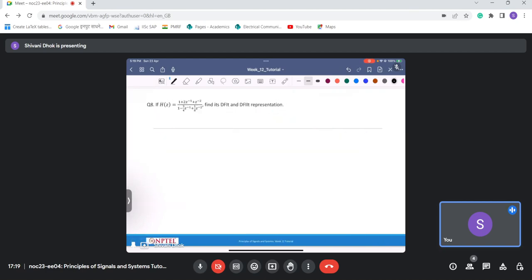Now let us look at the direct form 1 transpose and direct form 2 transpose. For that, Y(z) is equal to X(z) multiplied by 1 upon the denominator, that is 1 minus 3/4 z inverse plus 1/8 z to the power minus 2, multiplied by 1 plus 2 z inverse plus z to the power minus 2.